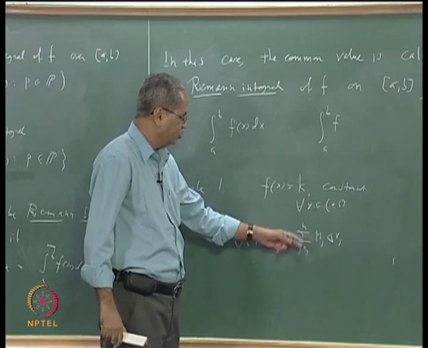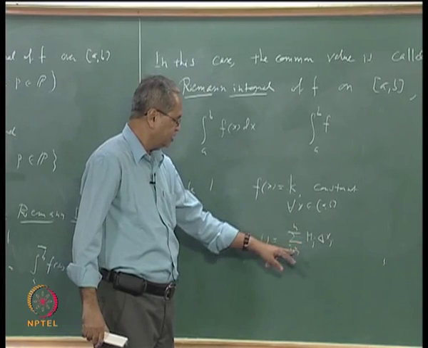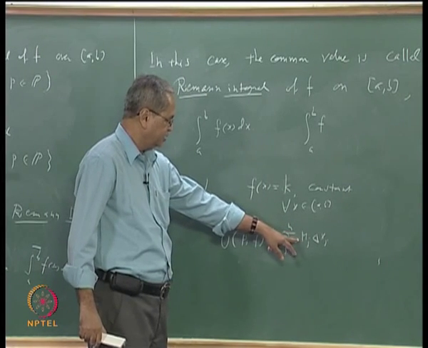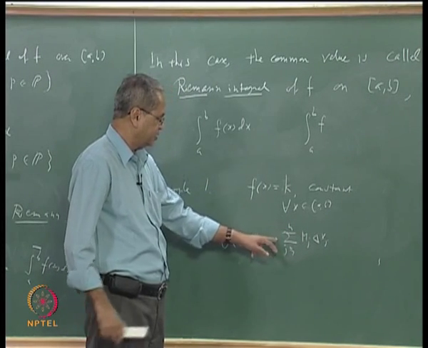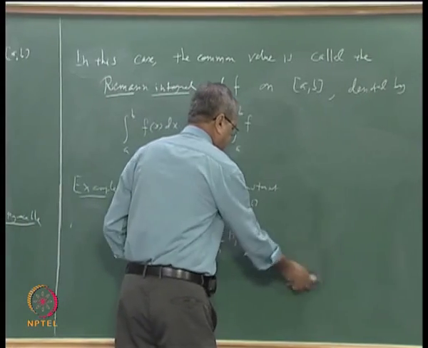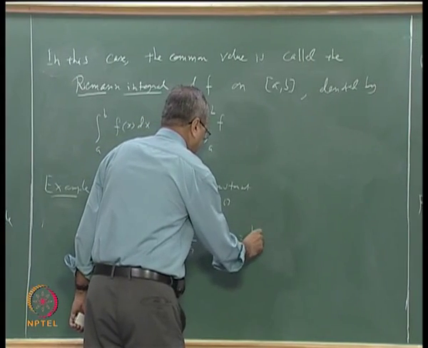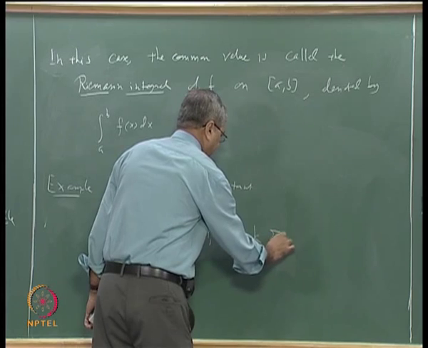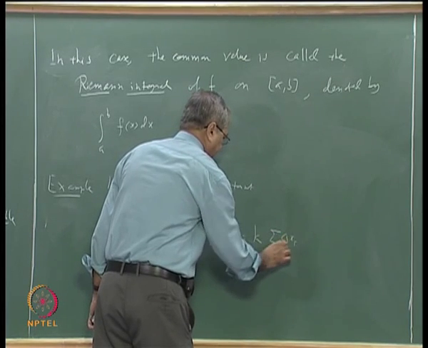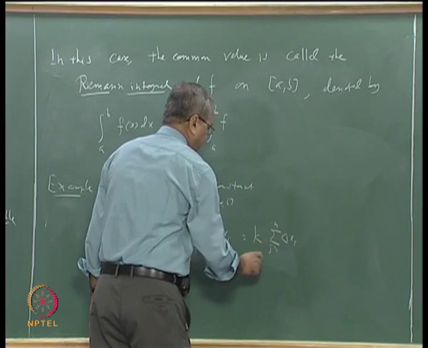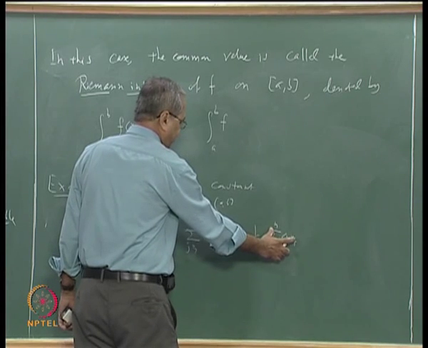So M_j is equal to k for each j, and this is the sum of k times delta x_j. So k comes outside the summation sign, giving k times the sum of delta x_j, and we have seen that this sum is b minus a.